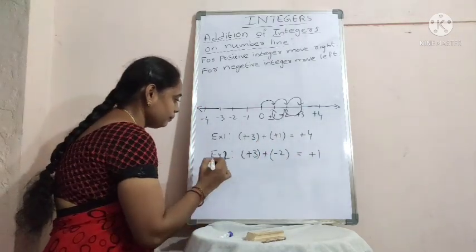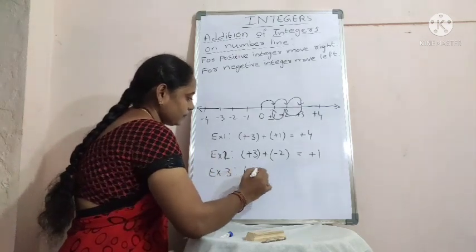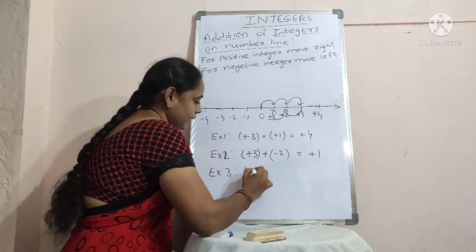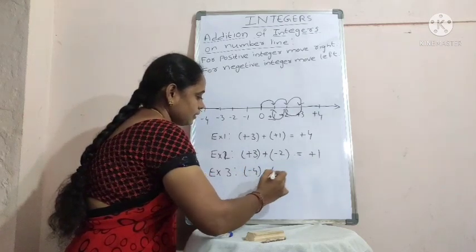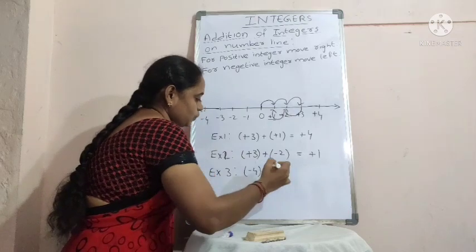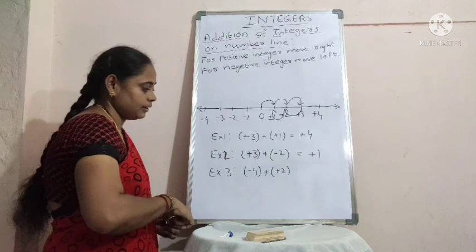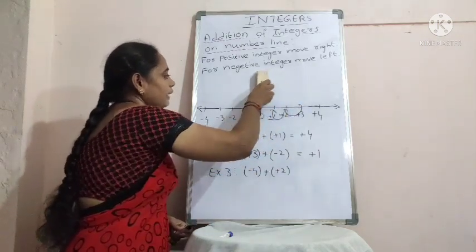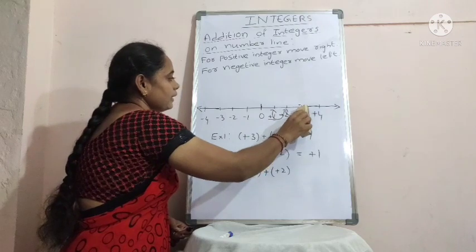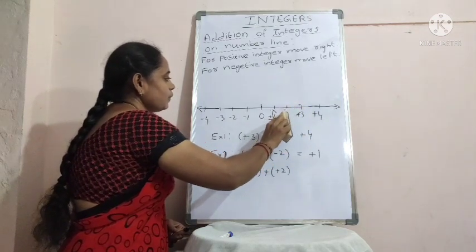Consider one more example. -4 plus 2. Here negative integer. For negative integer we move right or left? Yes, left side from 0.